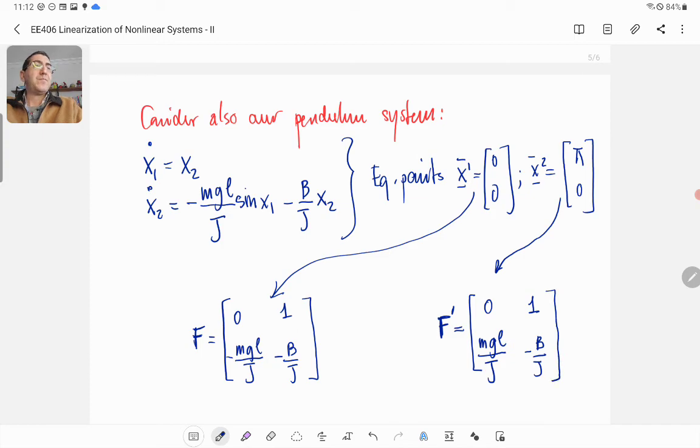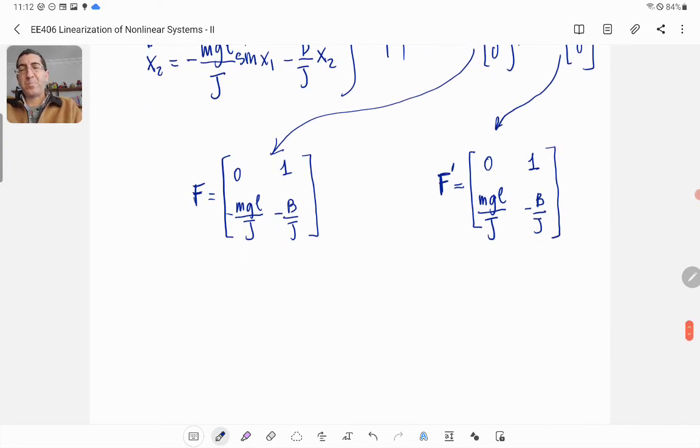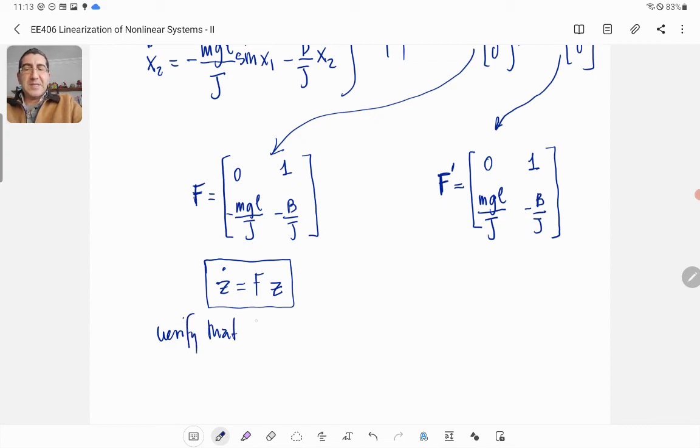And this gives you z dot equals f of z, one linear system. In fact, verify that this is a stable system.